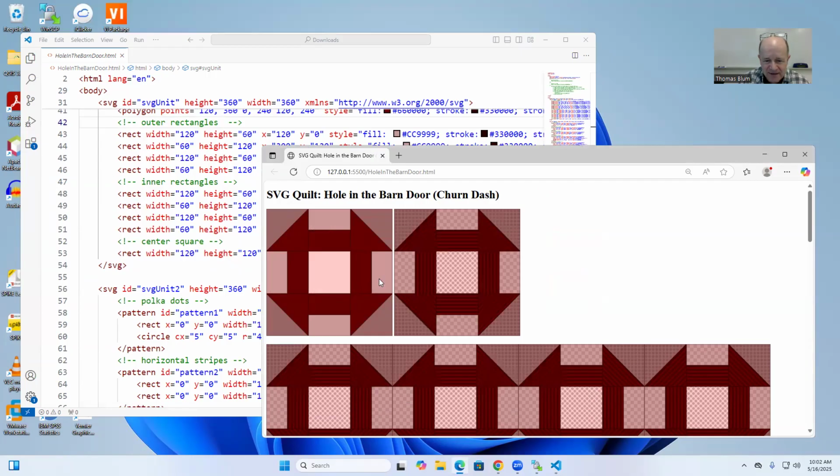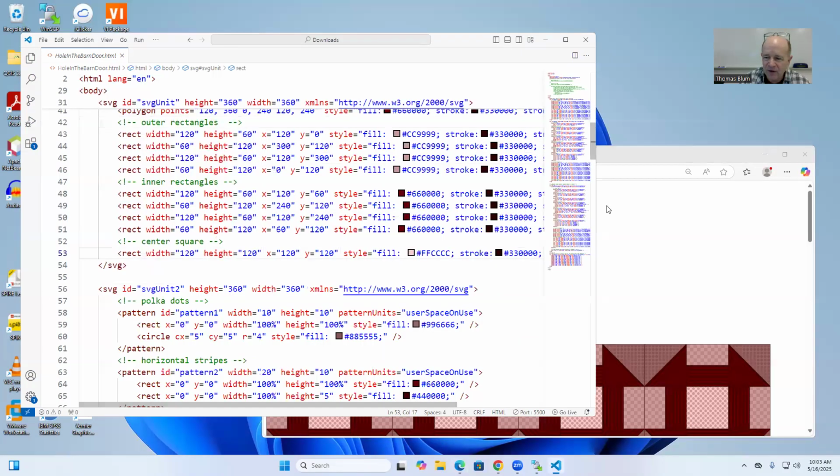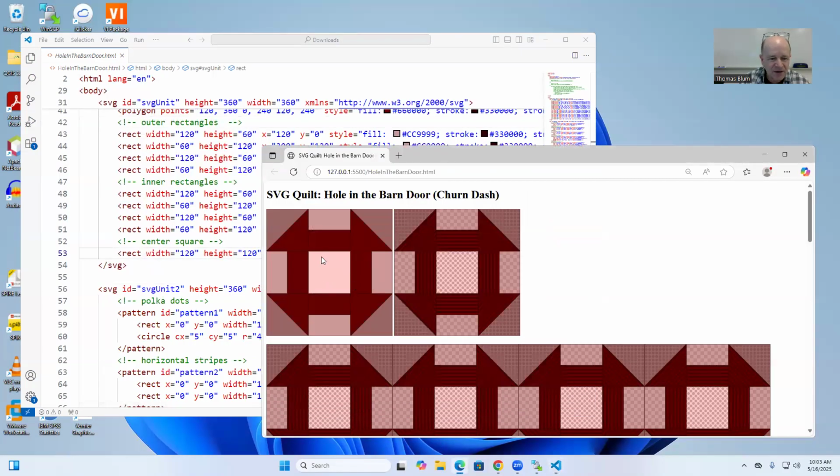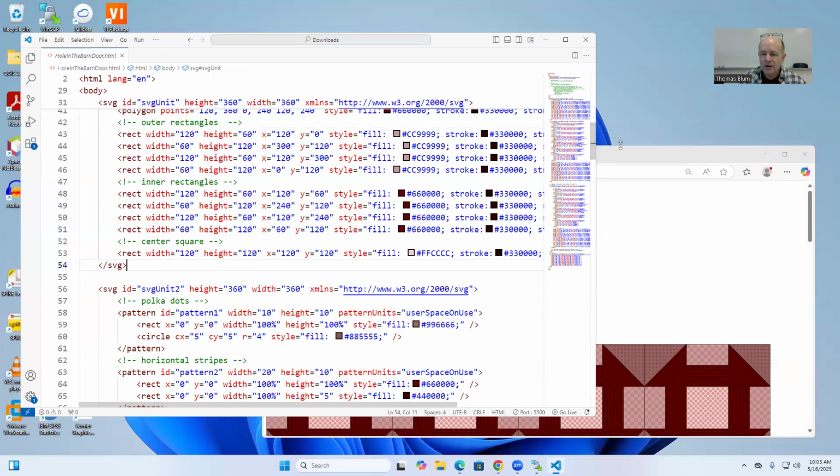So that is the medium mauve, I don't know. And then I have the inner rectangles, which are back to the dark red. And then I finally have the final rectangle or square in the center, which is the lightest pink. Okay, so that is just the basic shapes using SVG, polygon, and rectangle.